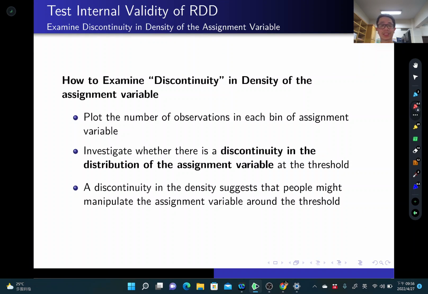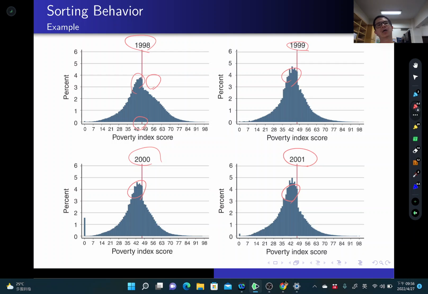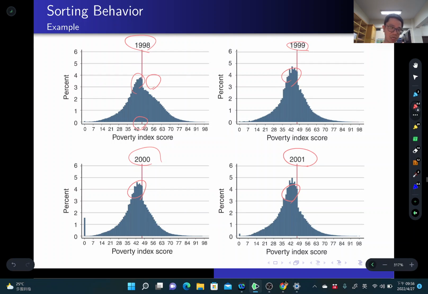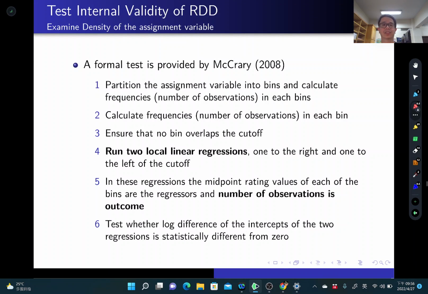So how do we examine the discontinuity in the density of the assignment variable? The first thing is you just plot the distribution, like this, to see whether there's any discontinuity around the cutoff. If you find such a thing, that potentially suggests there's some manipulation of your assignment variable around the cutoff. You can also test it formally with the following steps.